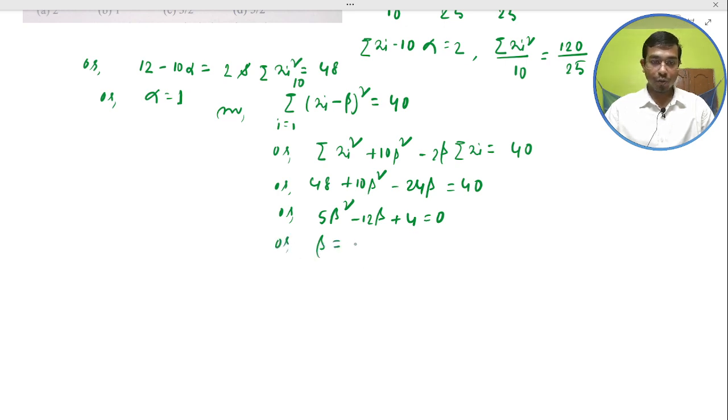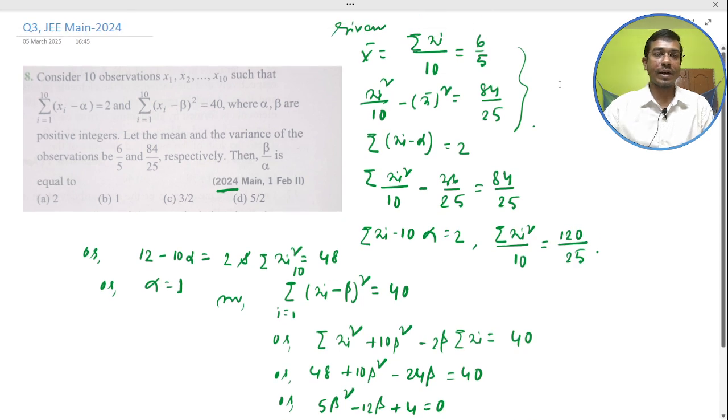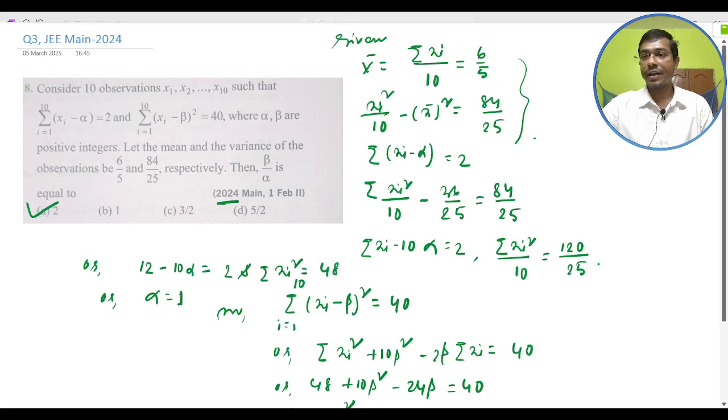Or you would get the two values of beta, that is beta equal to 2 or beta equal to 2 by 5. This is rejected. Therefore, the ratio beta by alpha is 2 by 1, that would become 2. So the answer, beta by alpha ratio, would be 2. Option A would be the correct.